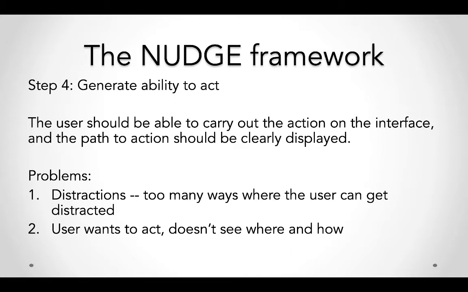So I want to buy something on a website. How do I do it? Do I see exactly what I have to do? Add to cart, or purchase now, buy now, move to checkout, and so on. I have to be able to see this through in a very clear fashion. So the path to the action has to be clearly displayed.